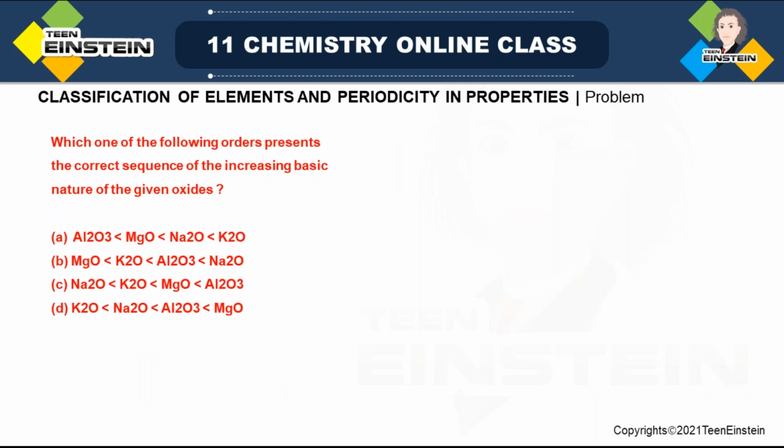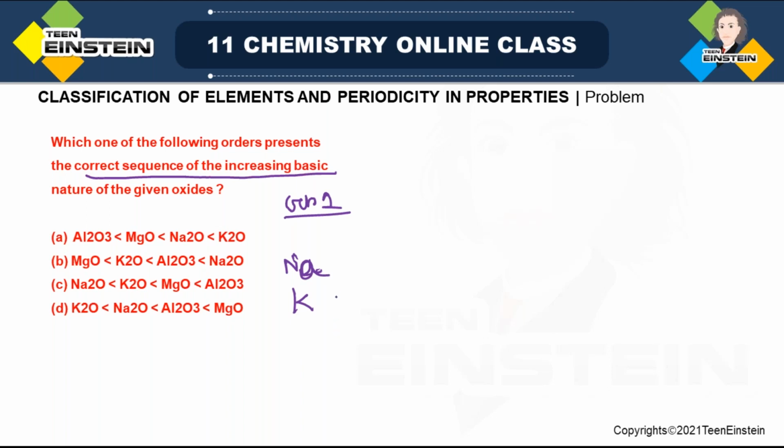Which one of the following orders presents the correct sequence of the increasing basic nature of the given oxides? So you have to find the correct sequence of increasing basic nature. How many elements are there in total? There is potassium and sodium, which are from group 1.